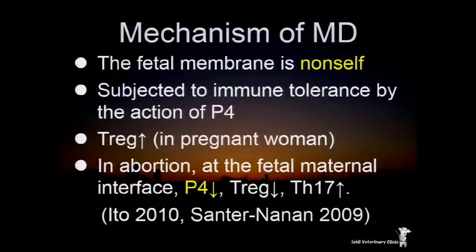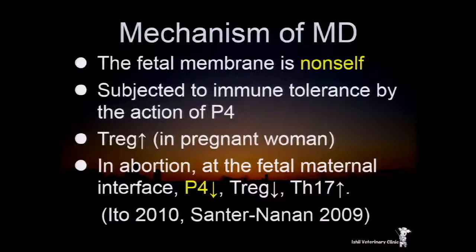The fetal membrane is immunologically non-self to the mother. During pregnancy, the fetal membrane is subjected to immune tolerance by the action of P4. In pregnant women, cells that induce immune tolerance called regulatory T cells, Treg, are elevated by P4.